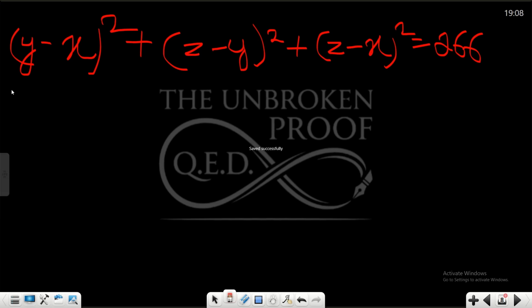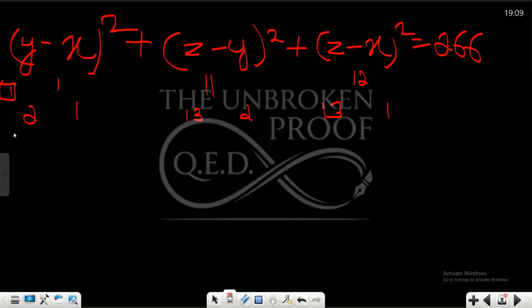So now one possible case is that if we place this as 1, this as 11, and this as 12, then what triplets are possible? If we start from the minimum case where x is 1, then y should be 2, and z should be 13, because 13 minus 2 is 11, and 13 minus 1 is 12. So 2 minus 1, 13 minus 2, and 13 minus 1 give you respectively 1, 11 and 12.